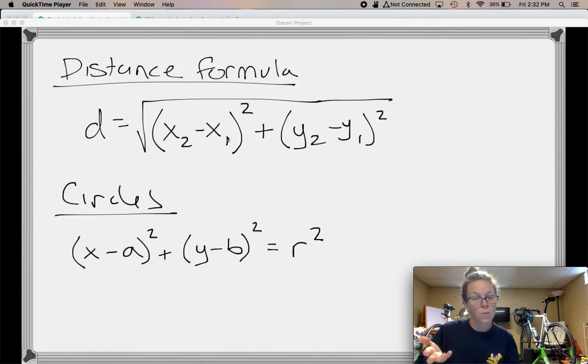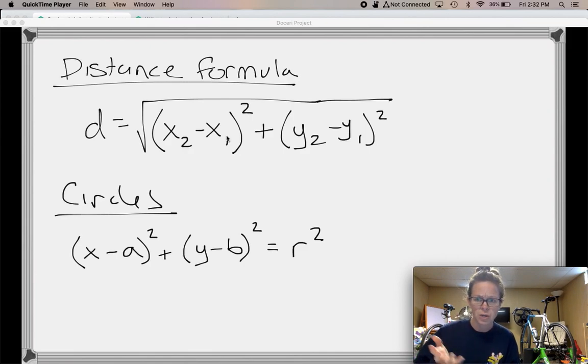Well, we don't write it this way, but we could, if we wanted to, just take a square root of both sides of this, and then that would change it to just an r instead of an r squared, and then we'd have the big square root, and they would actually be exactly the same formula. So our distance formula and our circle equation are actually the same equation, but we don't write the circle equation with that square root. We leave it as equal to r squared.